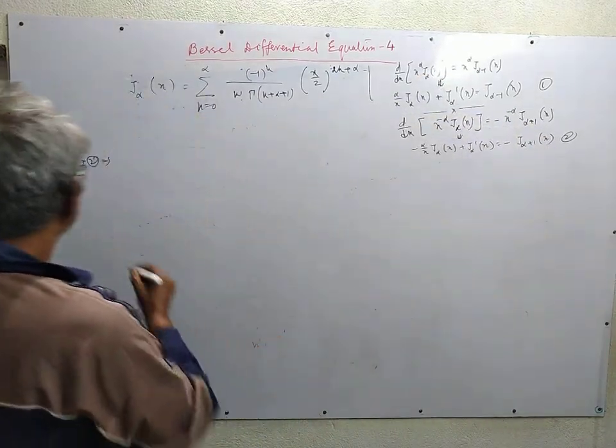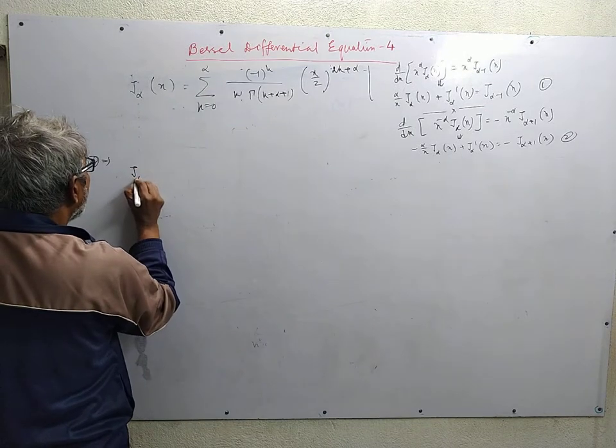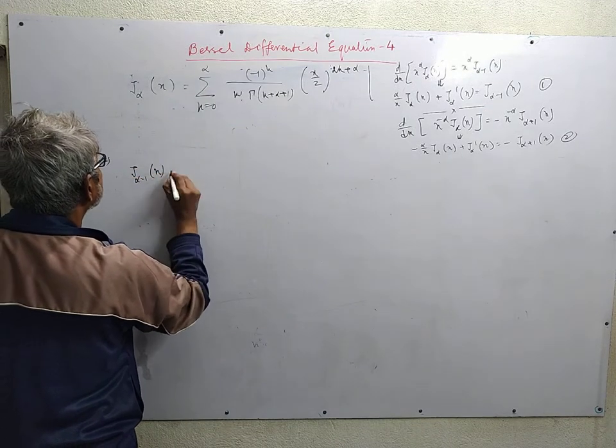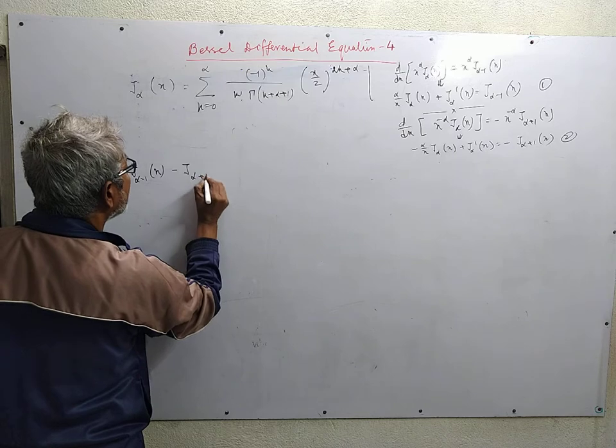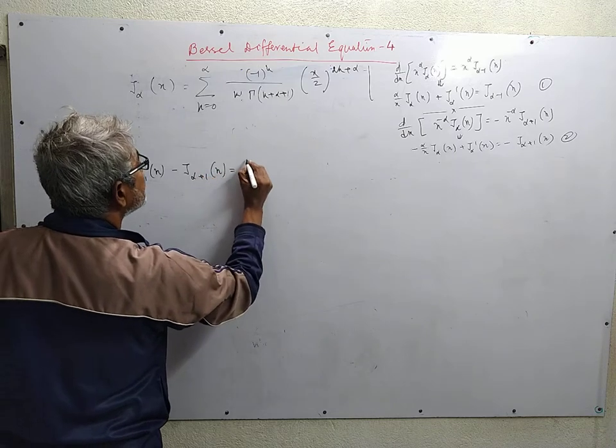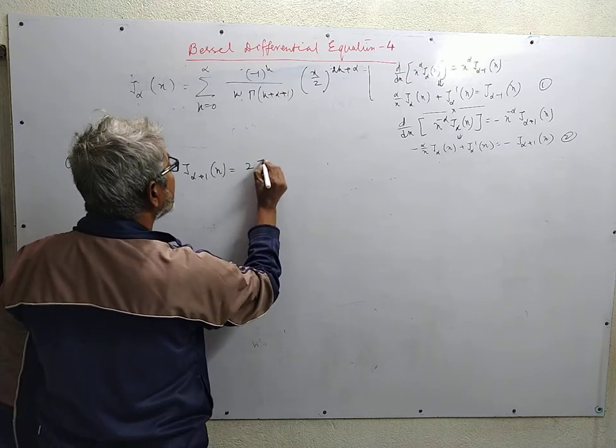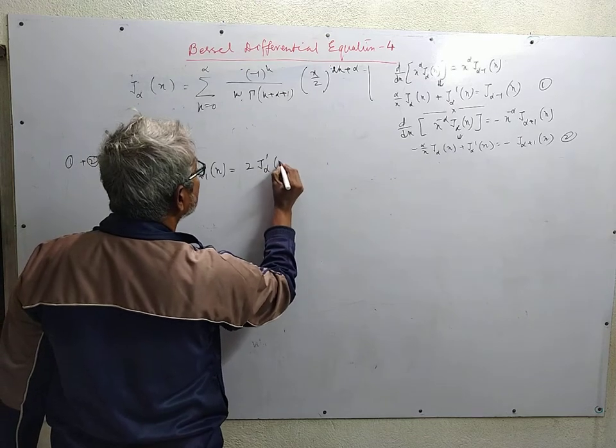So the result is J of alpha minus 1 of x minus J of alpha plus 1 of x is equal to twice J prime alpha of x.